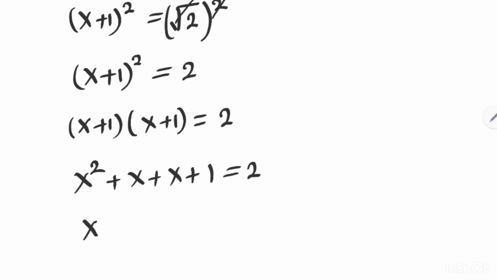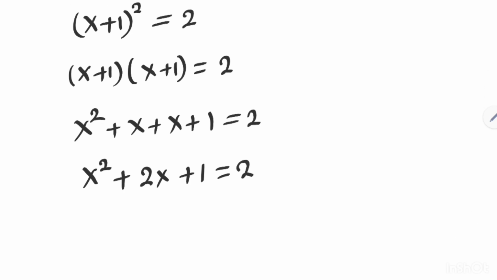This is x squared plus x plus x, that is 2x, plus 1 is equal to 2. Then here we have x squared plus 2x plus 1 minus 2 equal to 0.